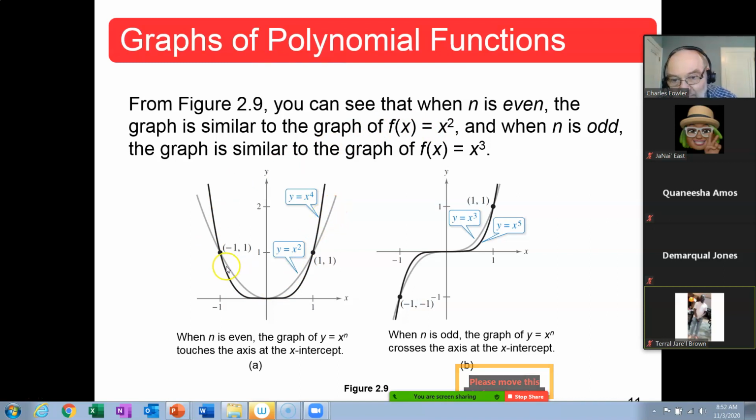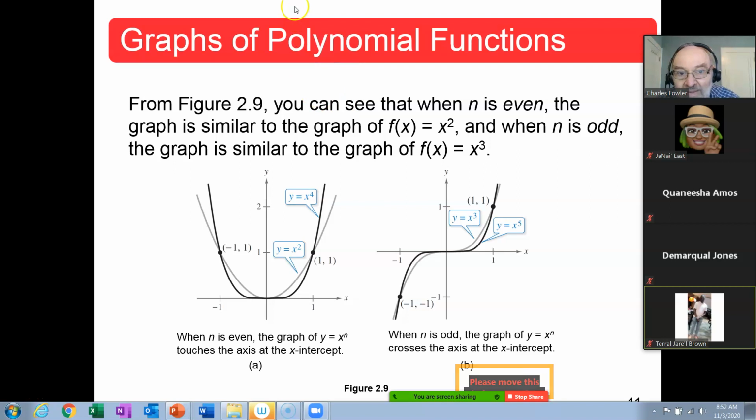Okay? Here's the difference. They are steeper when they pass through minus 1, 1 and pass through 1, 1. They're steeper there. Okay? And near 0, 0, they're flatter. Okay? So that's the difference. X to the 6th would even be steeper than x to the 4th. Flatter down here, steeper here. And it just keeps getting steeper and steeper on the outside and flatter on the inside.